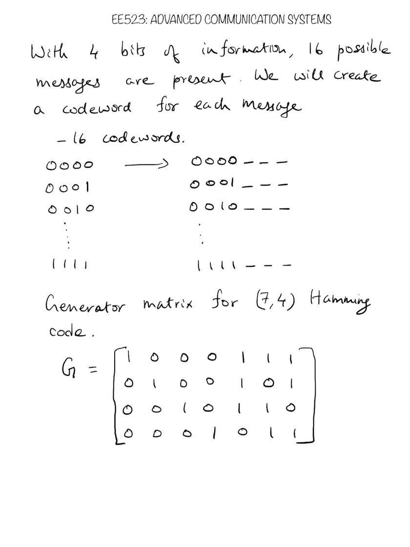If you notice now, this matrix has 7 columns: 1 2 3 4 5 6 7. Why? Because we want to create a code word of length 7. It has 7 columns and 4 rows. The 4 rows because the information bits have a length of 4. Each message has a length of 4. Only then can we multiply these two.